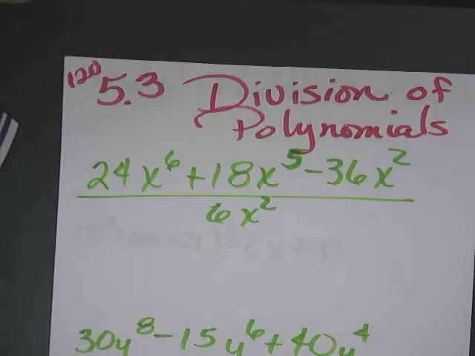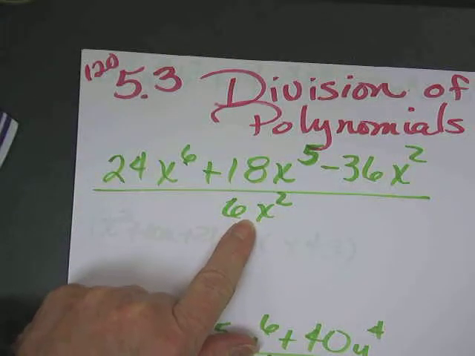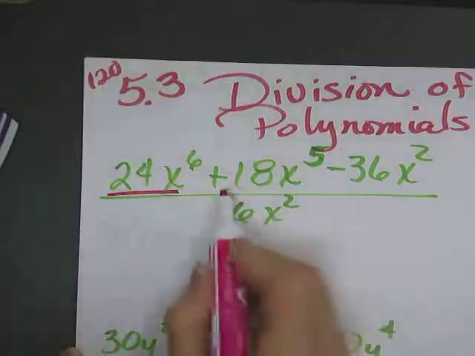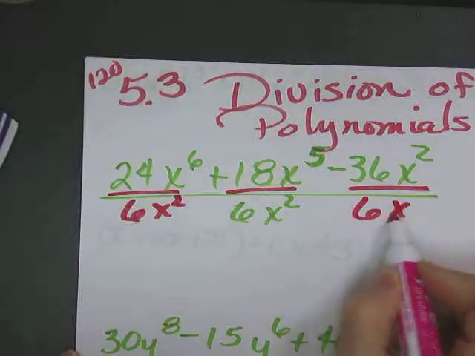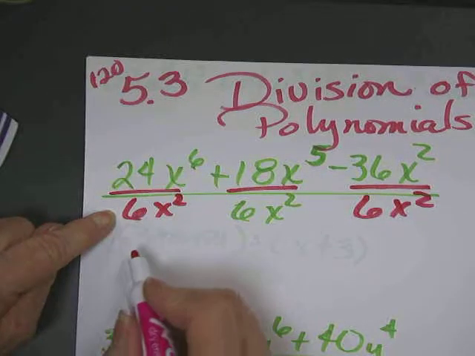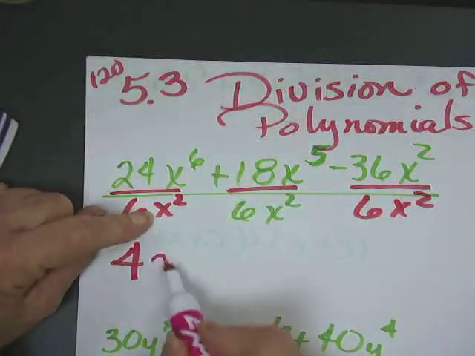Okay, 5.3 first is dividing polynomials. It starts out simple, like everything else, and then it gets a little more complicated. Let's start out with the simple. If you're dividing this by this, you actually are dividing every single term by this. So you could actually put this under each one of these. Okay? So 24 divided by 6, 4. x to the 6th divided by x squared, you can get rid of 2 and 2.